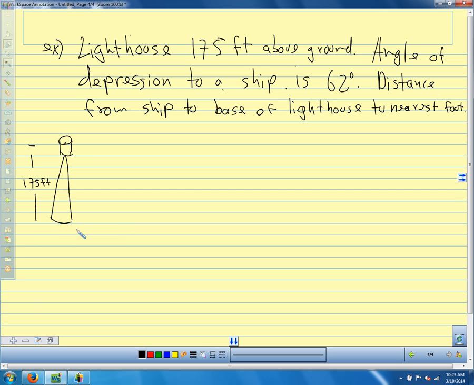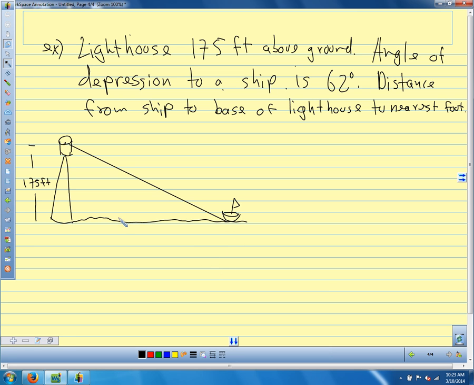And my ship is out here in the water somewhere. So there's my ship. And it says the angle of depression from the lighthouse to the ship, so I'm just going to draw it like that, is 62 degrees.